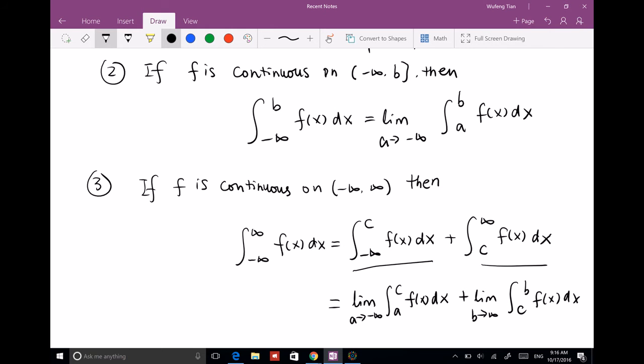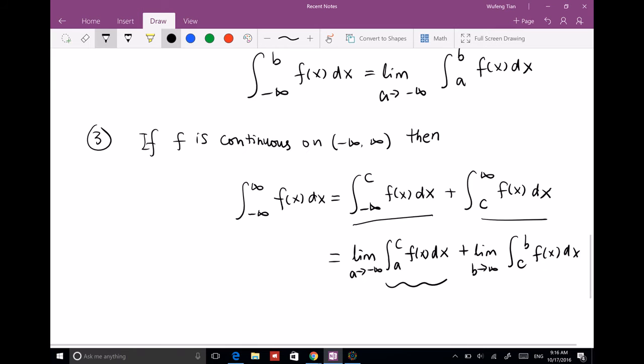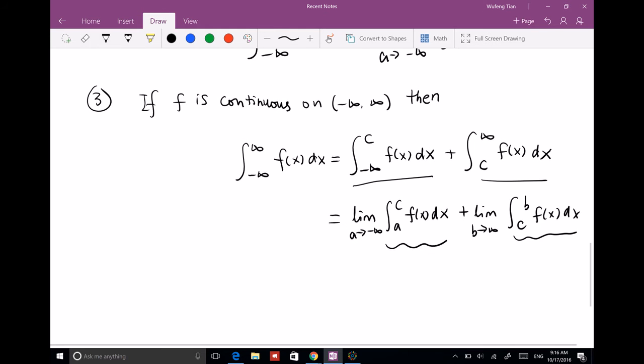So now, when you look at this one, it doesn't have infinity anymore, because the infinity goes to limits. Okay, so let's look at another example. From negative infinity to positive infinity, 4 over 16 plus x squared dx.